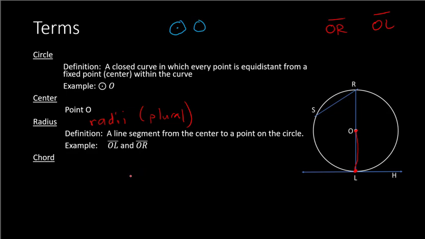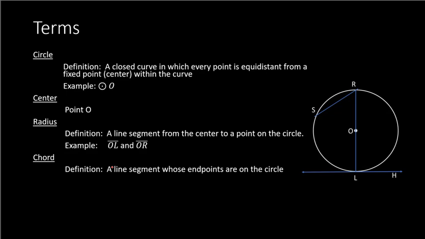The next term we have is a chord. Notice the spelling of the word chord has the letter H in it, C-H-O-R-D. And what this is, it's a line segment where both endpoints are on the circle. So for example, we see here this segment from S to R, both endpoints are on the circle. So segment SR would be a chord.